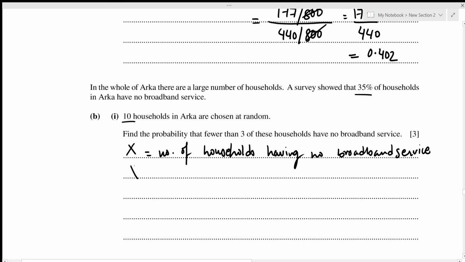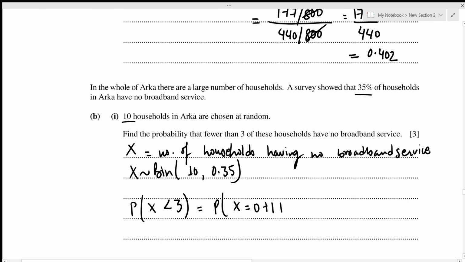Alright, we know that X follows a binomial distribution because we are given the sample size and the probability. So that's going to be 10, the probability is 35%, which can be written as 0.35. And we are to find the probability that X is less than 3. This just includes the values 0, 1, and 2.